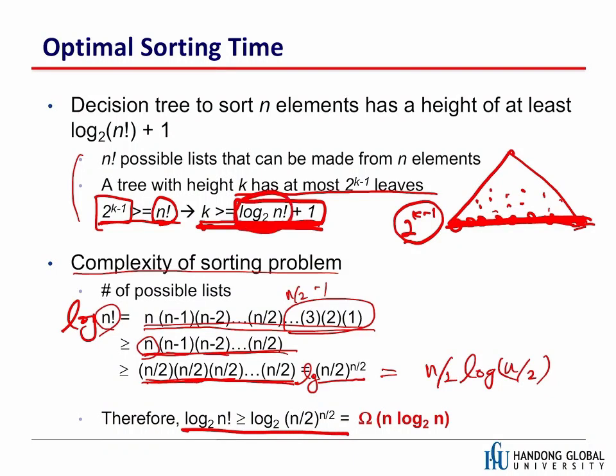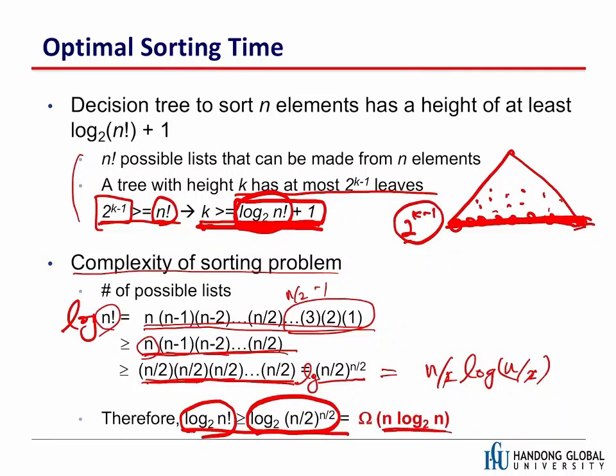So look at this one. We have a log n factorial here, and the log n factorial is larger than this. And in big O notation, we ignore these constants. So this one is the lower bound.